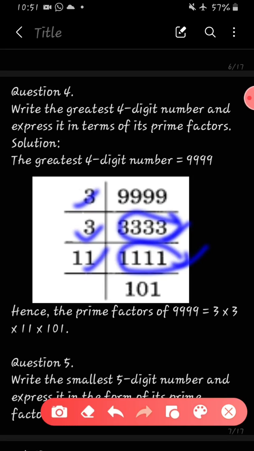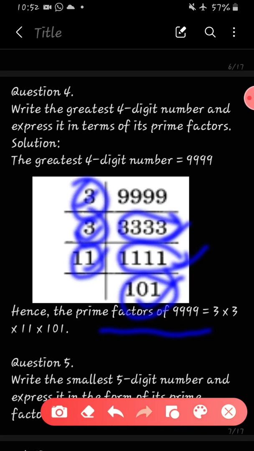Then 7, it is not divisible. That way 11, directly it is divisible. 11 into 101 is 1111. So this is the end. Again 101 is not divisible by any other number. Hence the prime factorization of 9999 is 3 into 3 into 11 into 101.